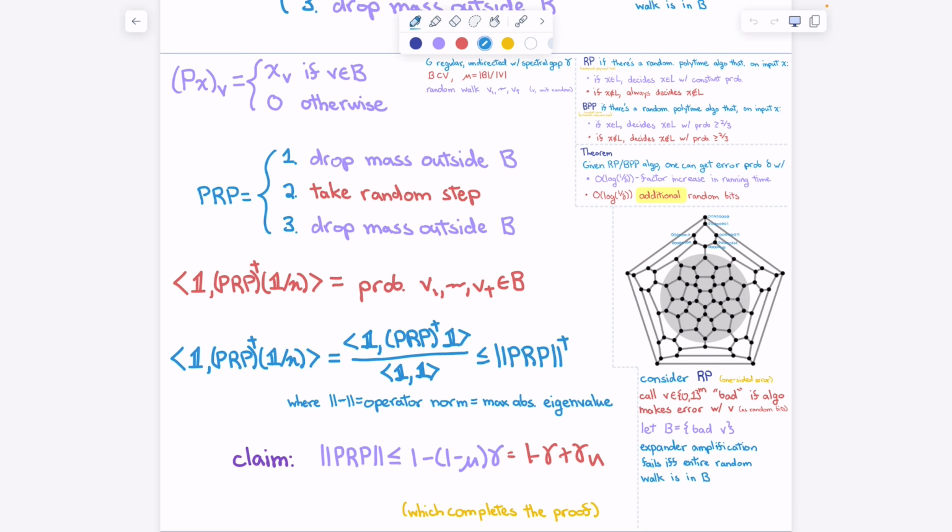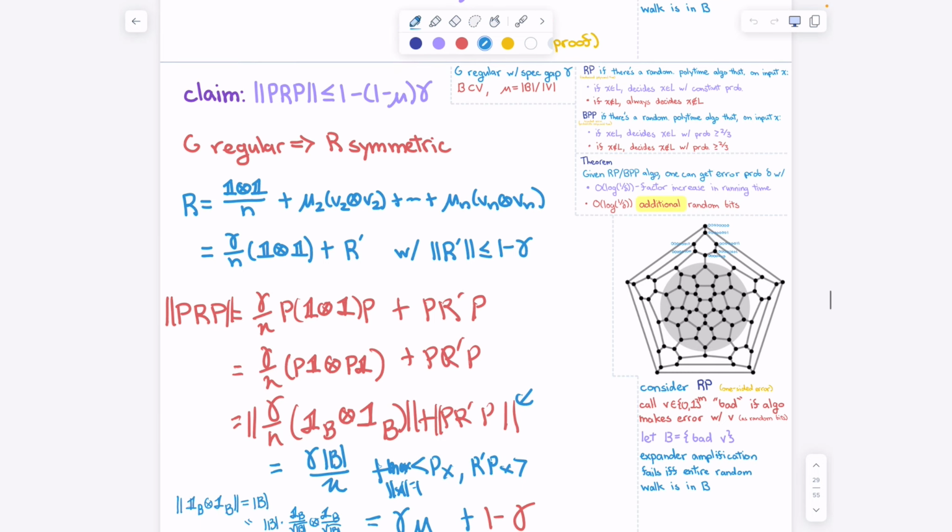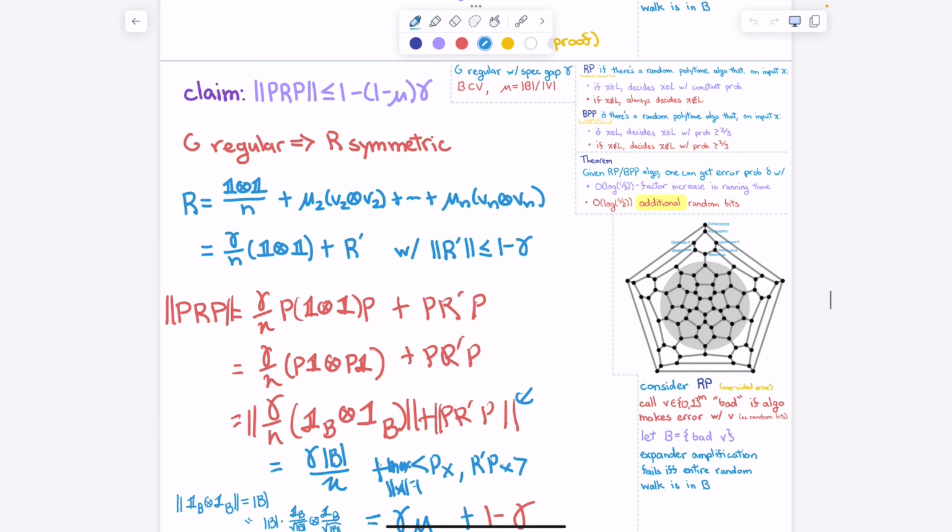And we just analyzed the spectrum. This is the kind of thing we've done a couple of times now, right? We wrote out the spectral decomposition of R because R is symmetric, because the graph is regular. I rip off a chunk corresponding to the spectral gap. I can calculate explicitly the projection on that first eigenvector because I know that the bad region is at most half, or mu is the variable we have for it.